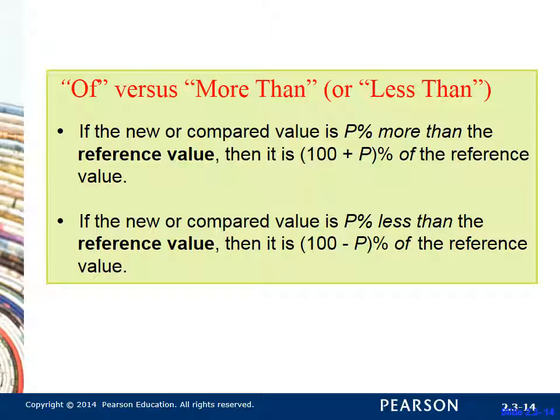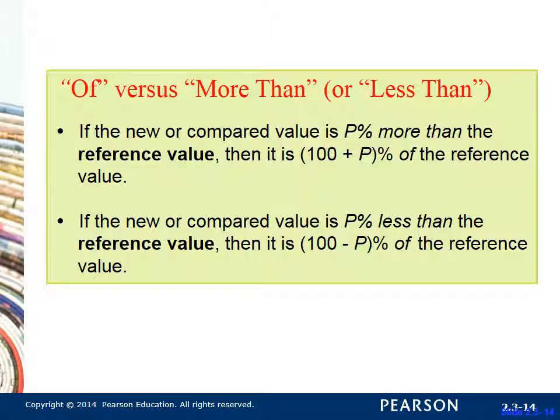All right. Conversely, if I want to say a new or compared value is p% less than that reference value I'm starting with, I'll now subtract from 100 because, again, 100% is one full thing. So if you look in your notes again, it says when we say that the quantity is a certain percent less than a reference value, we need to adjust it by subtracting the given percentage point.